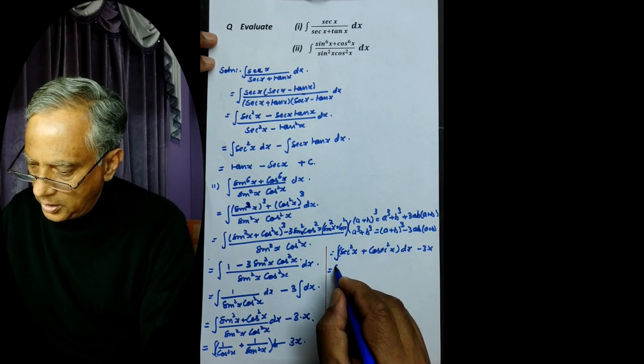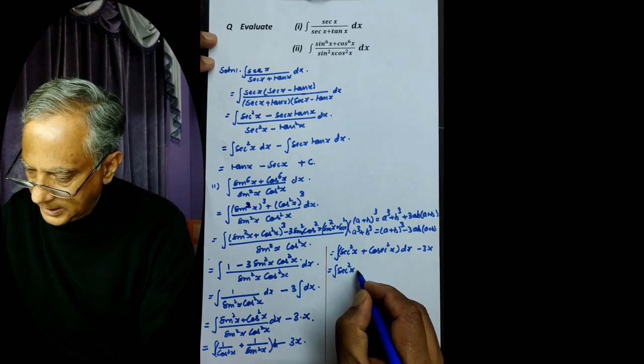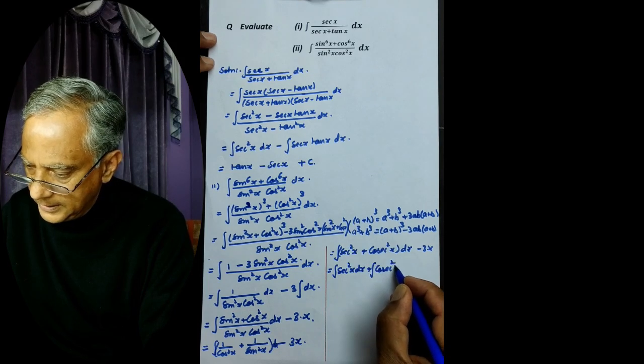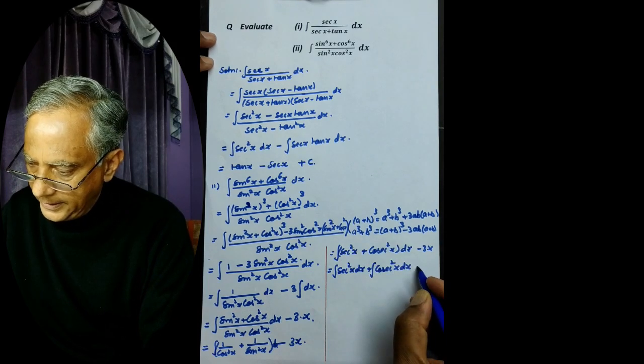This is equal to integral of secant square x dx plus integral of cosecant square x dx minus 3x.